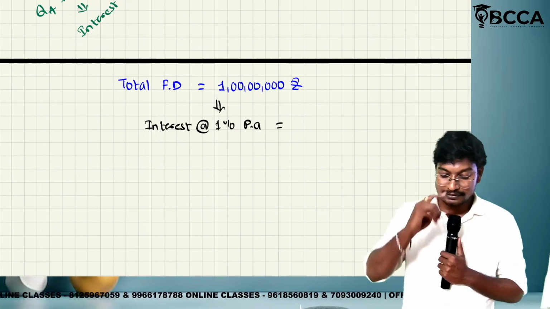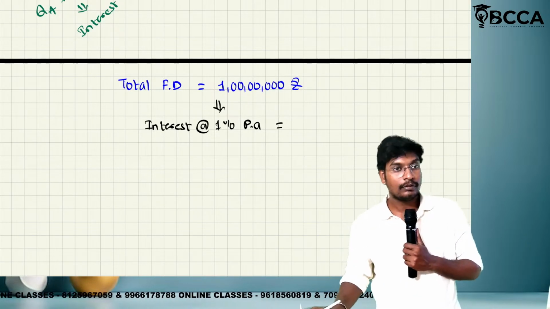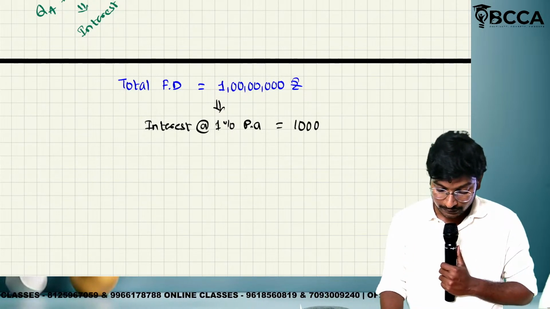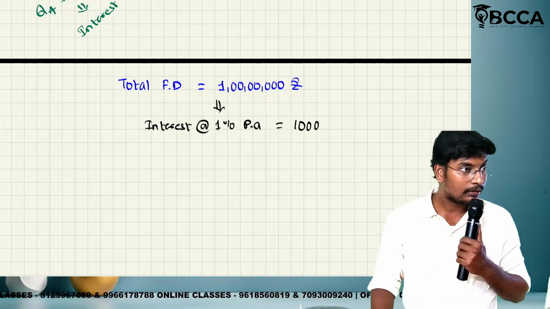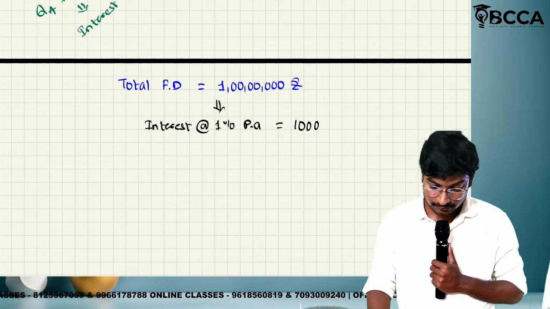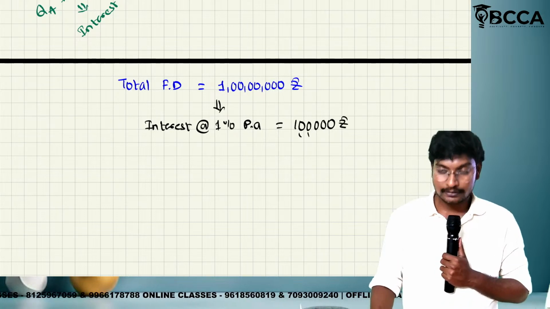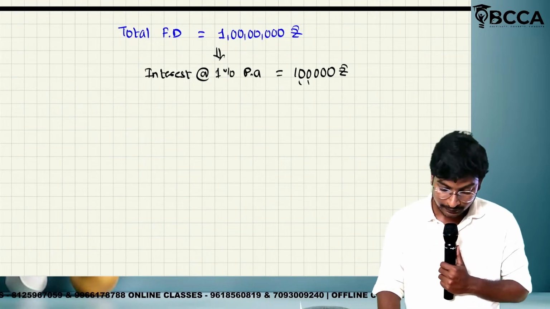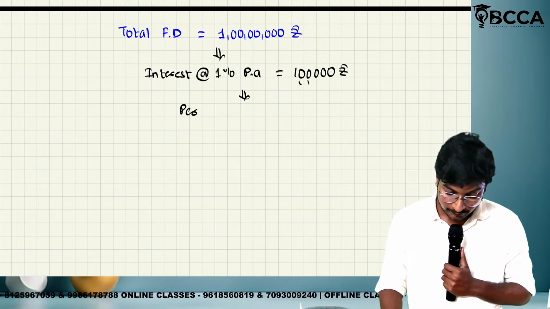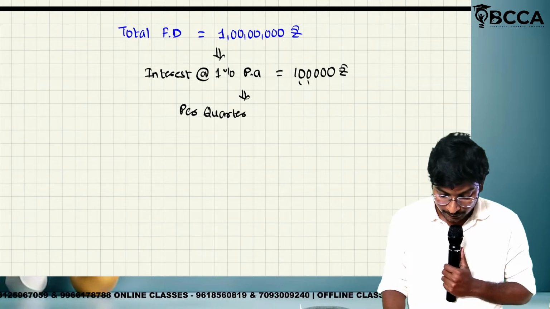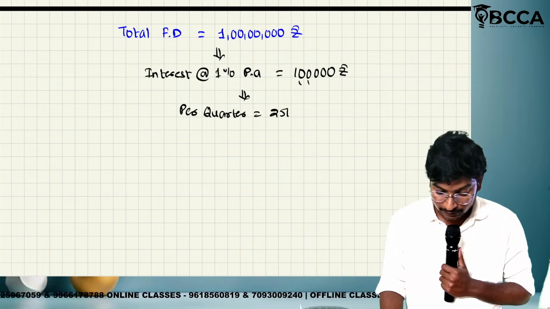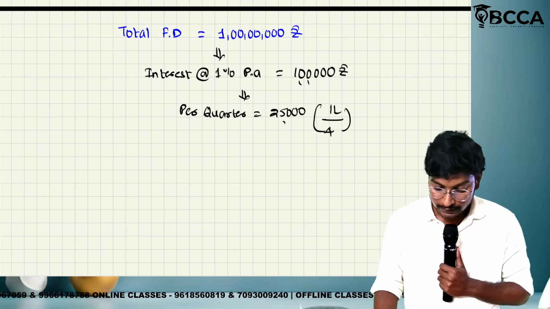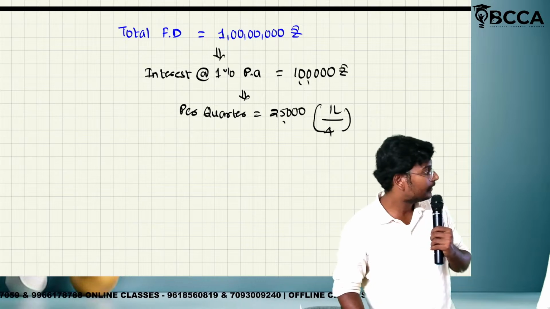To calculate it: 1 crore into 1 divided by 100 gives 1 lakh rupees. Per quarter means divided by 4. 1 lakh divided by 4 is 25,000. Did you get the point?